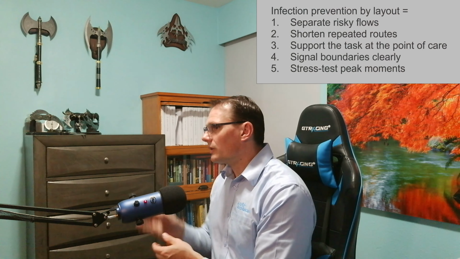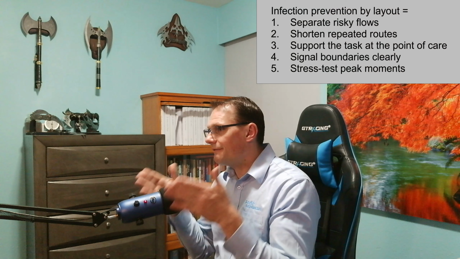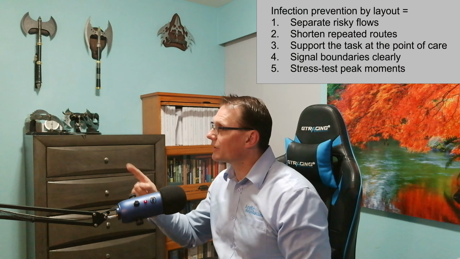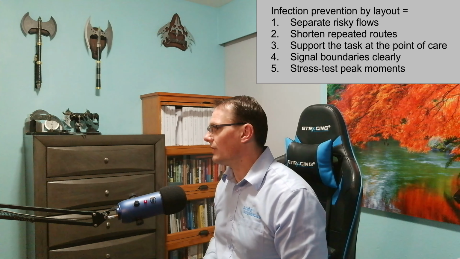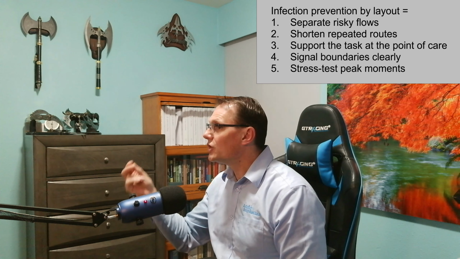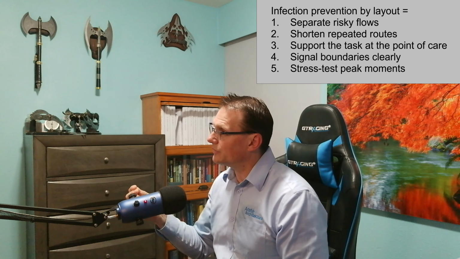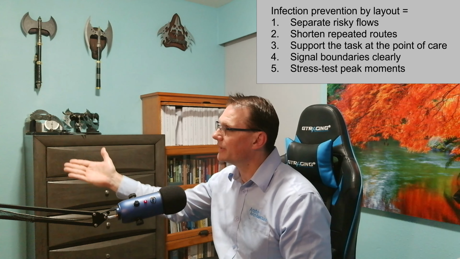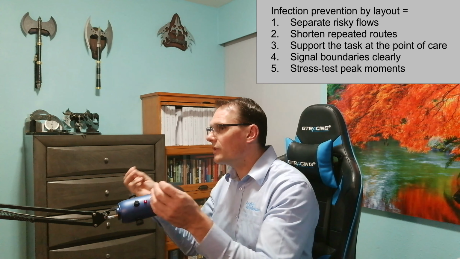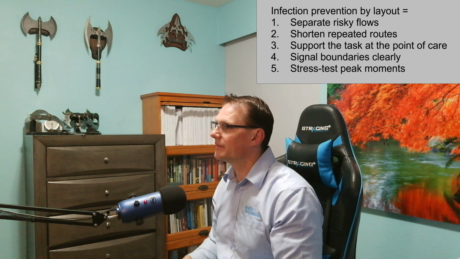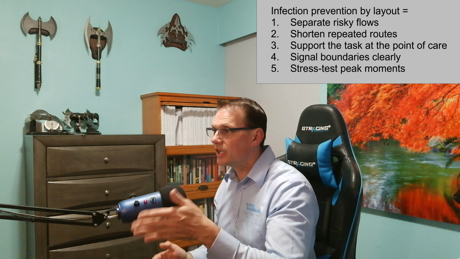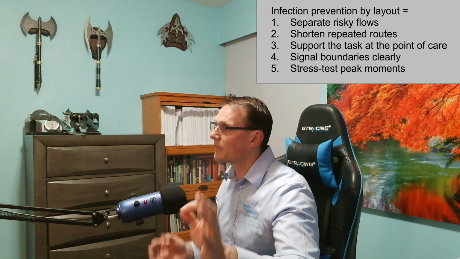The simple model is this. Infection prevention by layout has 5 parts. First, separate risky flows. Second, shorten repeated routes so staff do not have to carry risk through the building. Third, support the task where it happens, especially hand hygiene, PPE, storage, cleaning, and disposal.